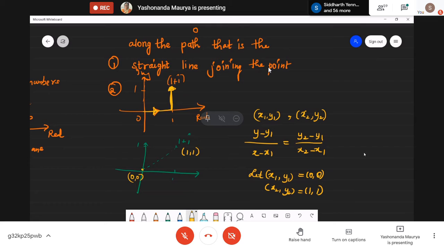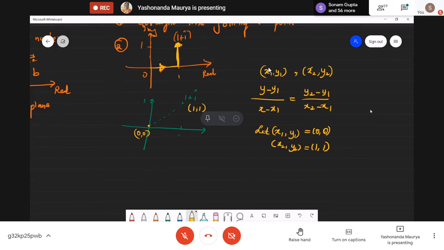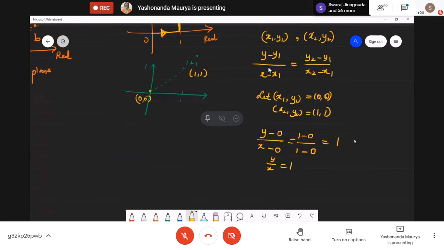So what is this equation now? y minus 0 divided by x minus 0 is equal to 1 minus 0 divided by 1 minus 0. So this is 1, and y by x is equal to 1. This equation is very simple. This is y is equal to x. Okay?